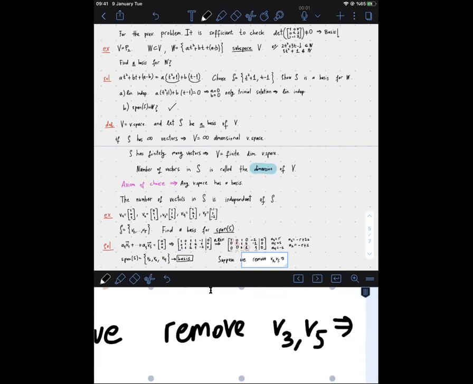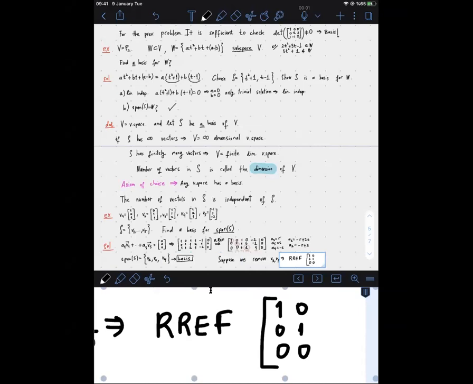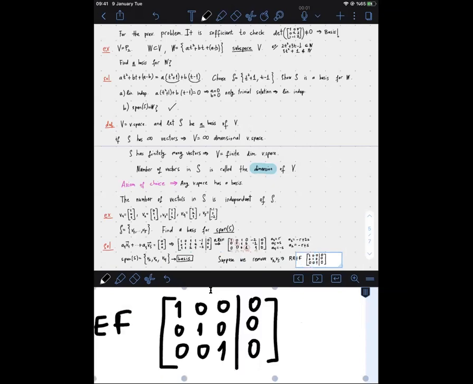Then what we get in the reduced row echelon form of the remaining vectors will be like this: 1, 0, 0, 0, 1, 0, and the fourth column is 0, 0, 1. So we would get something like this. You see this matrix has determinant 1. So these are really the linearly independent vectors in this set.